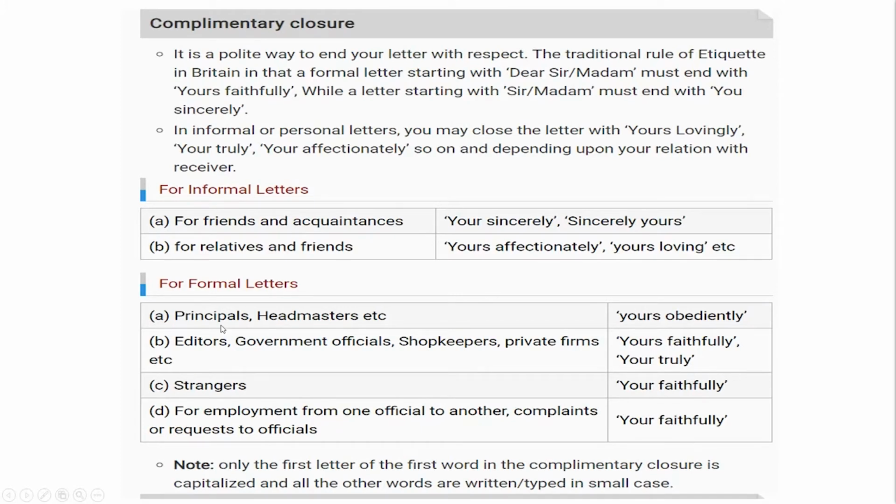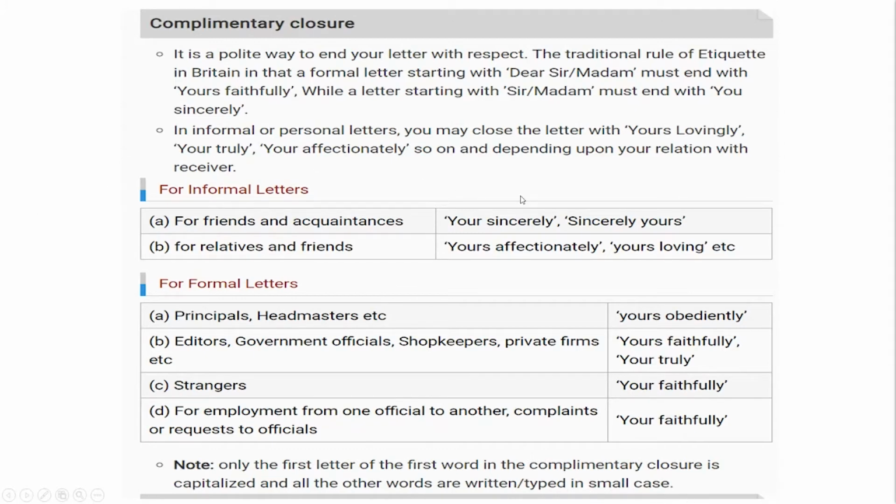But if you want to write to the principal or a headmaster, you have to write Yours obediently. It is a matter of obedience. All right. So note that only the first letter of the first word in the complimentary closure is capitalized, and all the other words are written or typed in small case.